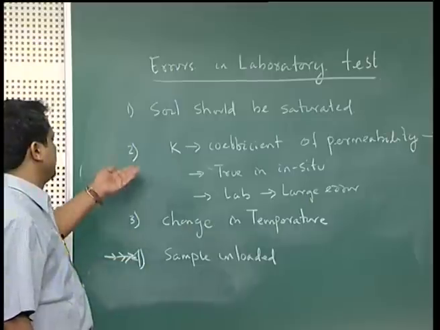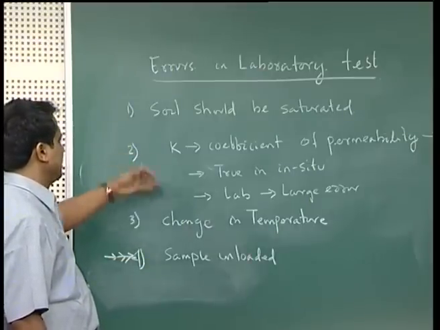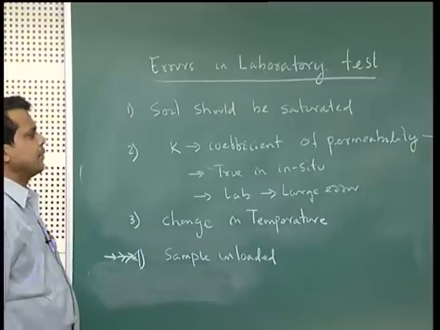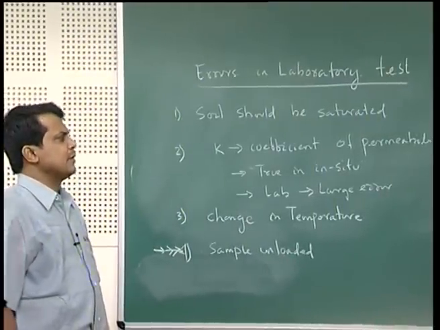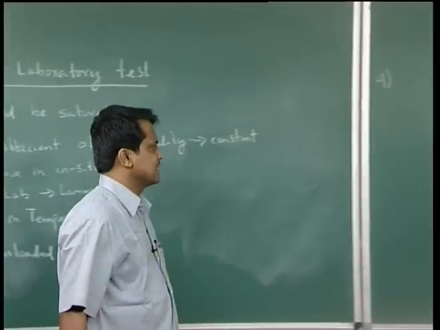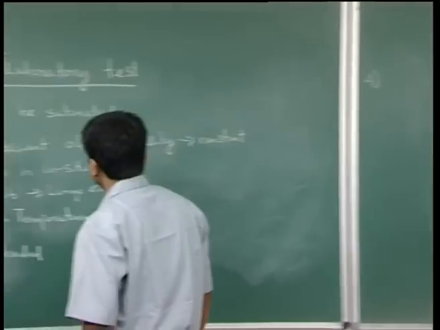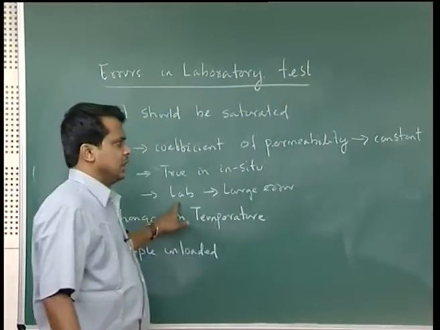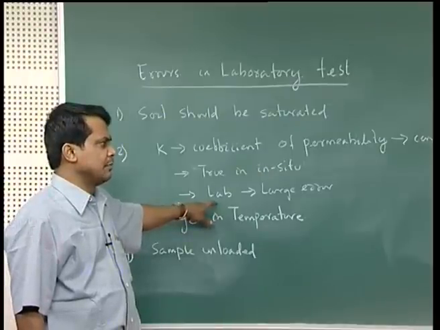Now come back to the third point; the third and second are the same. If I say coefficient of permeability, you can assume that in the in situ condition it is constant, either in x or y. The moment you take it out to the lab, the coefficient of permeability is lost.